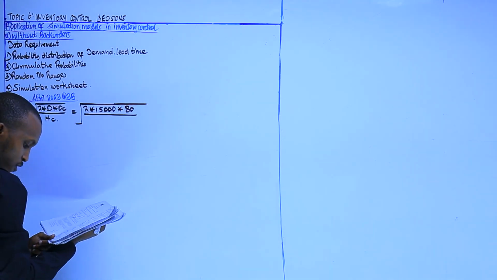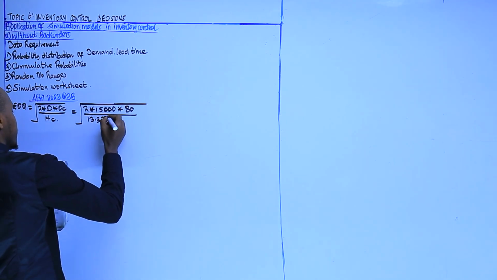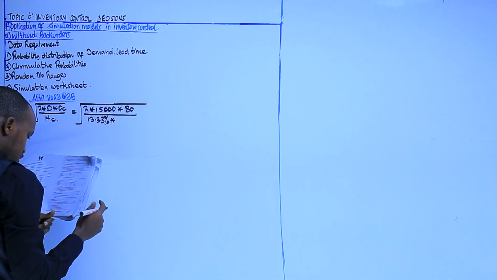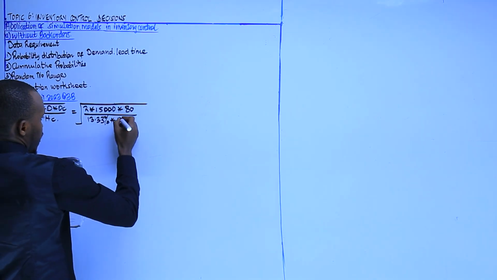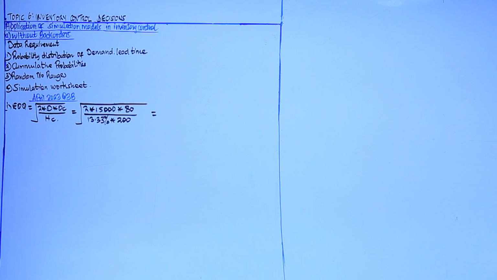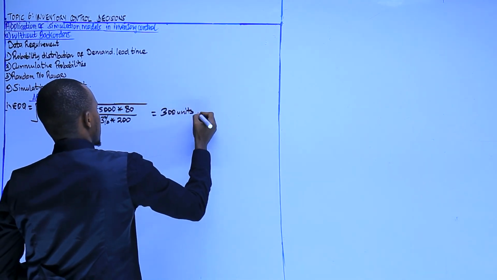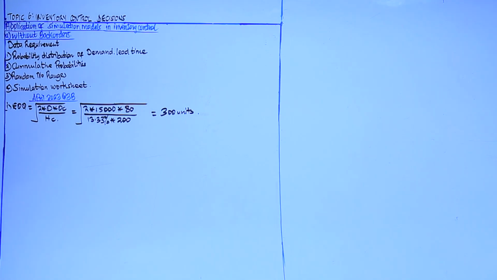Divide by your holding cost, which is 13.33% of cost price, and your cost price is 200. So therefore, this is 300 units. Then part 2 of that question.